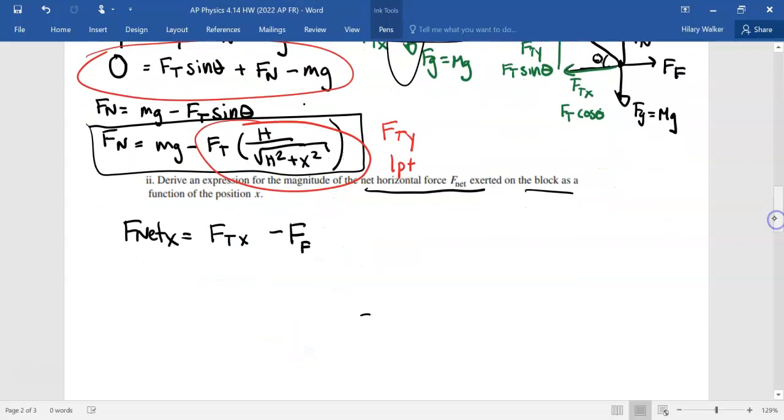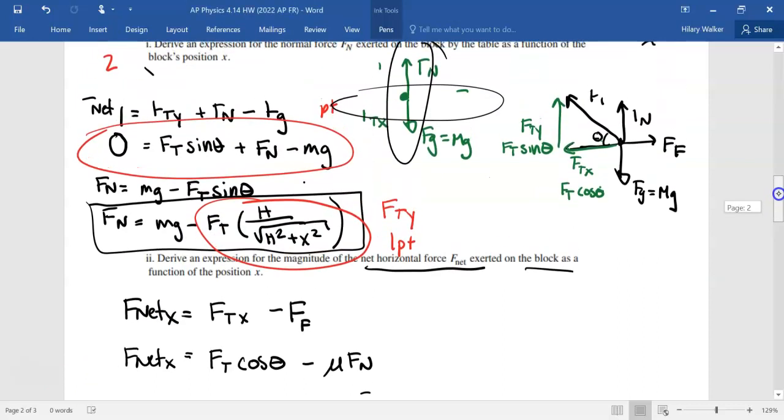Okay, so Ff, I don't think that was given as like an allowed thing in our answer. Neither was Ftx. So Ftx is going to be, so this is going to be what? Ft cosine of theta minus Ff, which is going to be mu Fn, and that is going to be F net x. Okay, Ft is allowed in our final answer, but cosine of theta is not in our final answer.